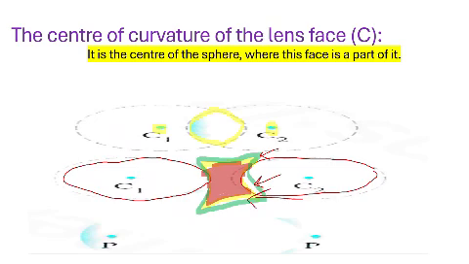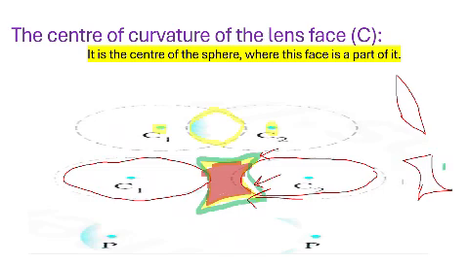As I mentioned before, any lens, the convex lens and the concave lens, are surrounded by two spherical faces, and each one of the two faces has a center.